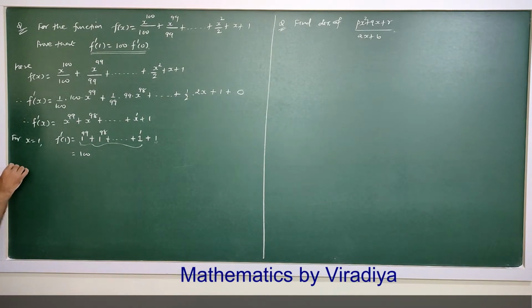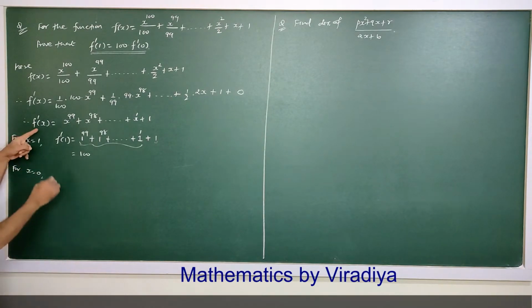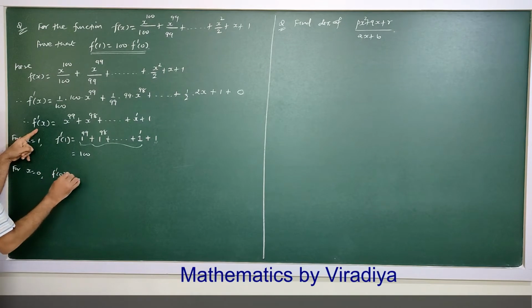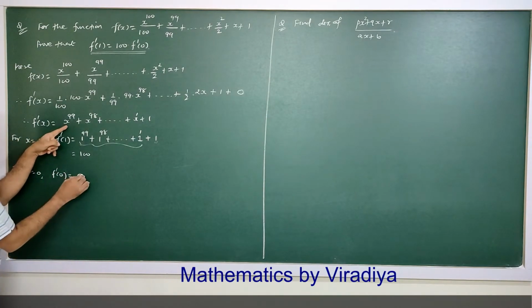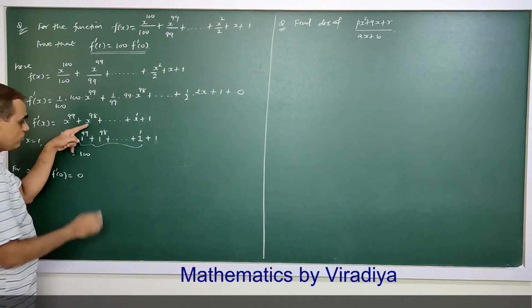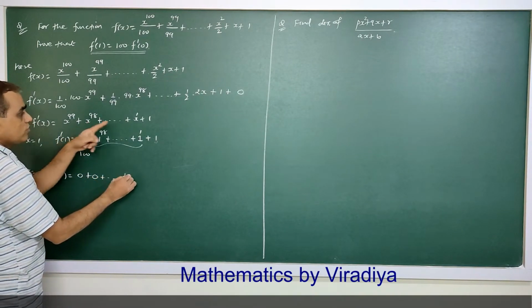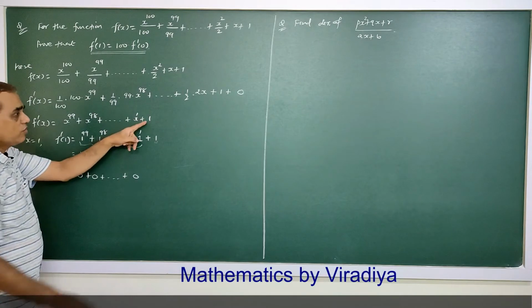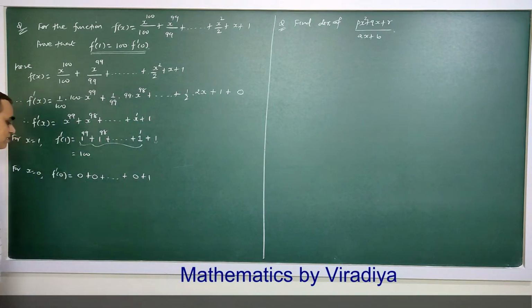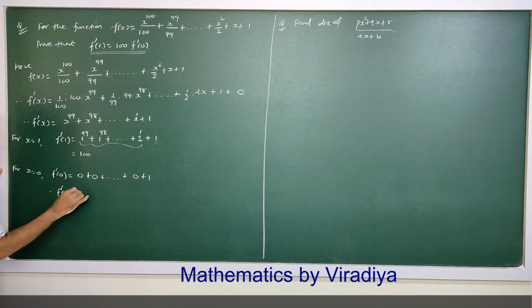Now we are putting x equal to 0. Putting x as 0 here, f dash of 0 is 0 raised to 99 is 0 plus 0 raised to 98 is 0 plus up to 0 raised to 1 is 0 plus 1. So f dash of 0 is 1.